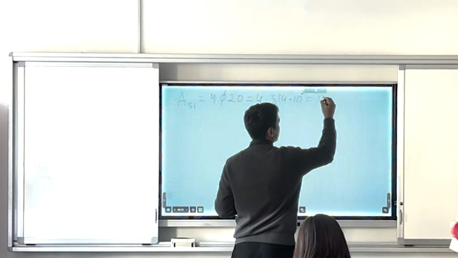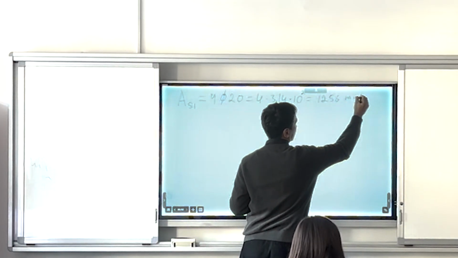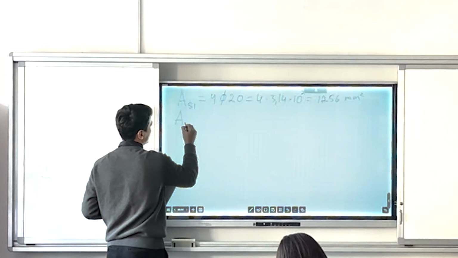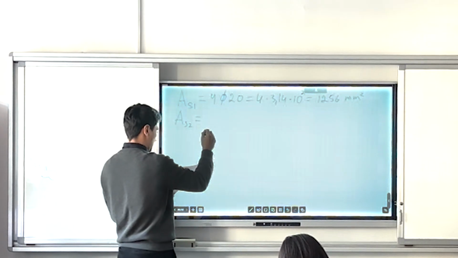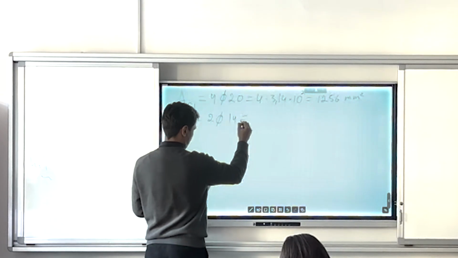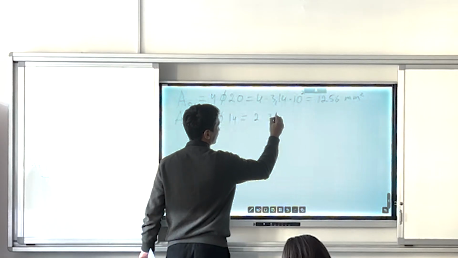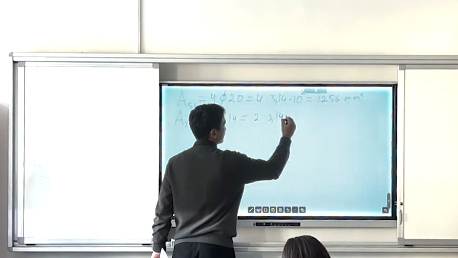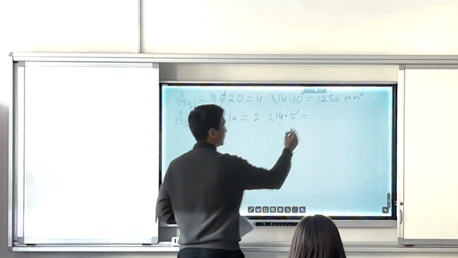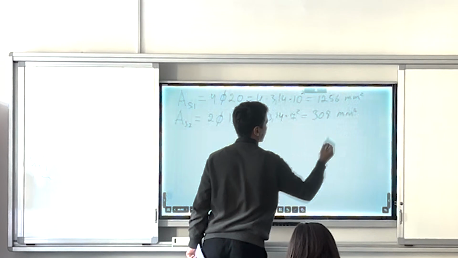Then we have 1,256 millimeters squared for the bottom reinforcement. Now, the area of the top reinforcement: we have two 14 diameter rebars, so it will be 2 multiplied by 3.14 multiplied by 7 squared, which is 308 millimeters squared.